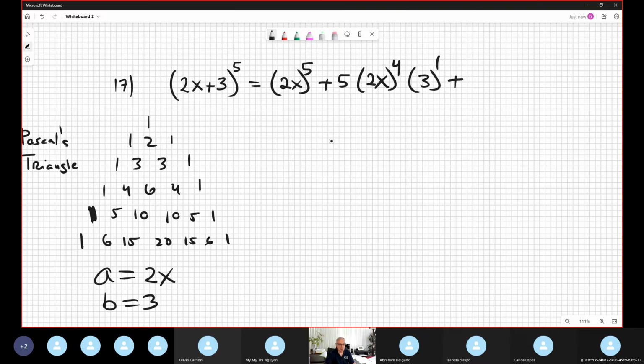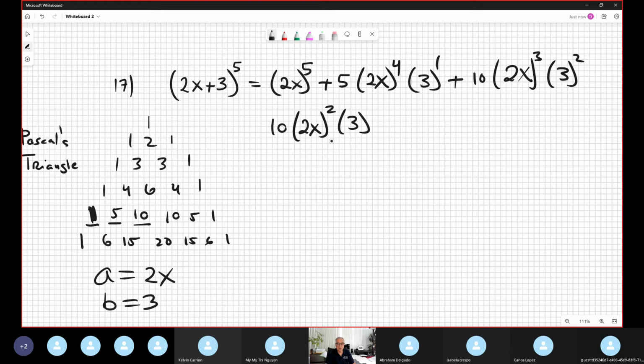I did that part, look here, down, now 10, 2x to the 3rd power, and 3 to the 2nd power. Okay, now next is 10. 10, 2x to the 2nd power, and 3 to the 3rd power.